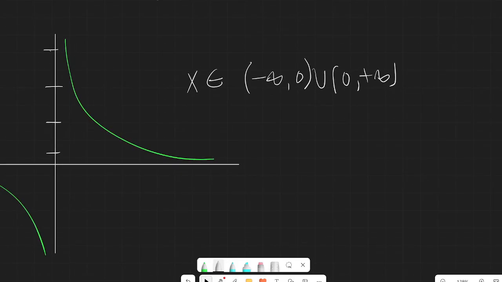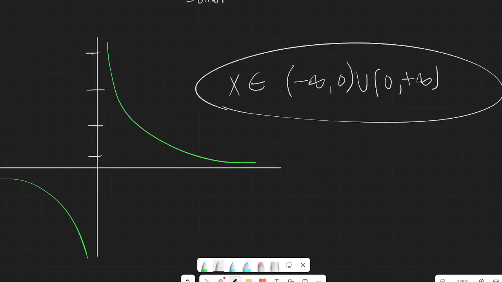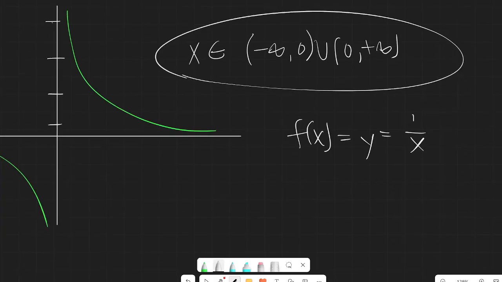In other words, if we plug in all the x values that are valid into this function, 1 over x, what is the range of values that it results in?